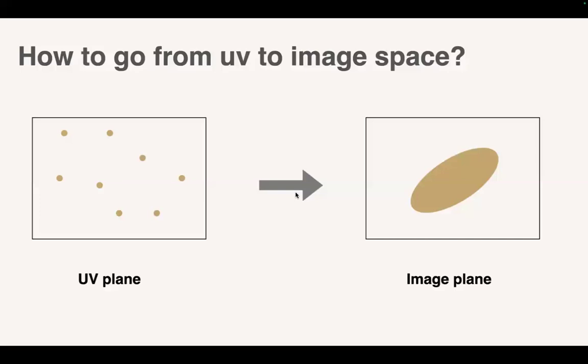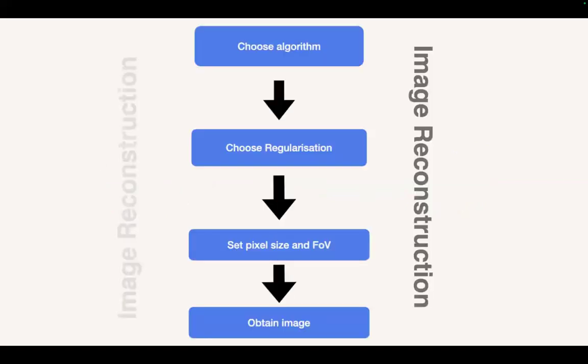So interferometric imaging is usually termed an ill-posed problem because you don't have enough data points. The number of data points does not correspond to the number of parameters in the image that you need. So you need to fill in these gaps, and the way that's done is you have to assume the behavior of the image. There are many ways of doing that.